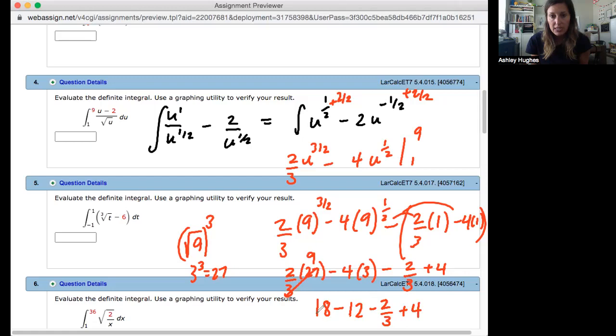So 18 minus 12 is 6, plus 4 is 10, so 10 minus 2/3, which would be 30/3 minus 2/3, so 28/3. Just be really careful when you do that algebraic work.